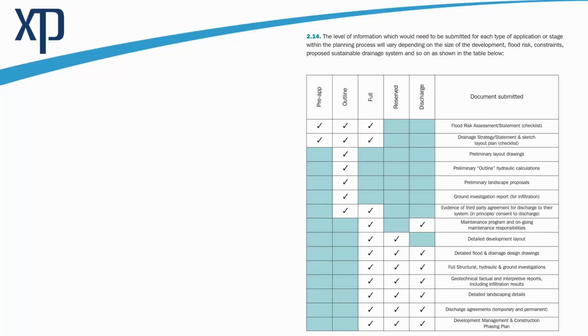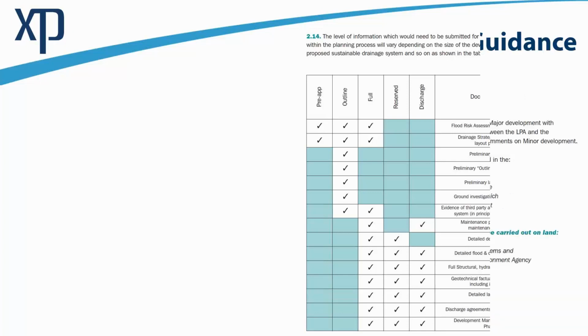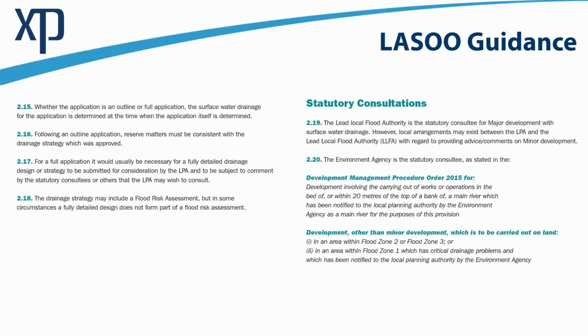This would be helpful to share with your clients, because obviously you're going to have to do a lot more work early on in the process, which you need to get paid for if you're a consultant, and the clients are probably only just starting to realize that this is kind of coming through. So hopefully this will help you with your discussions with the clients themselves as well. And as I mentioned, the statutory consultees will be the lead local flood authority primarily, along with the Environment Agency as well. So obviously keep in touch with those stakeholders too.